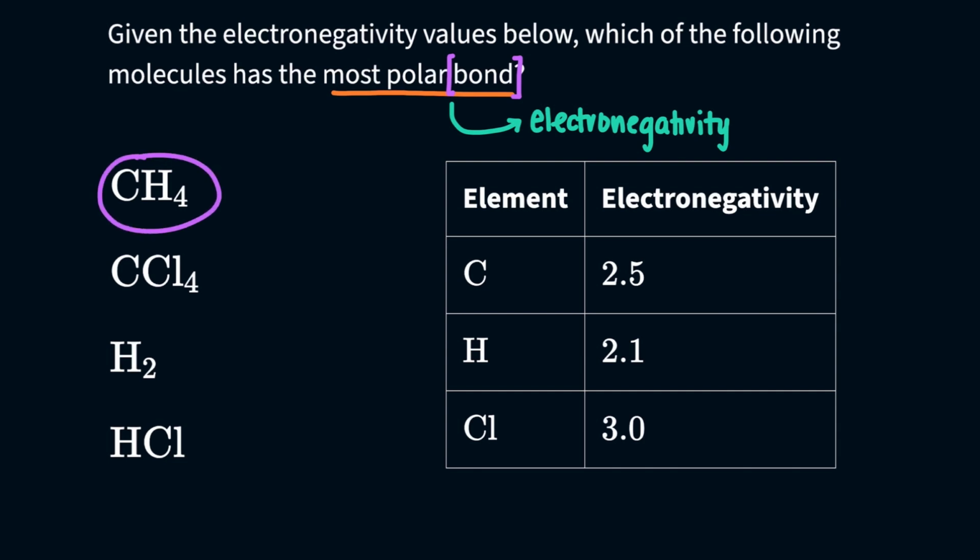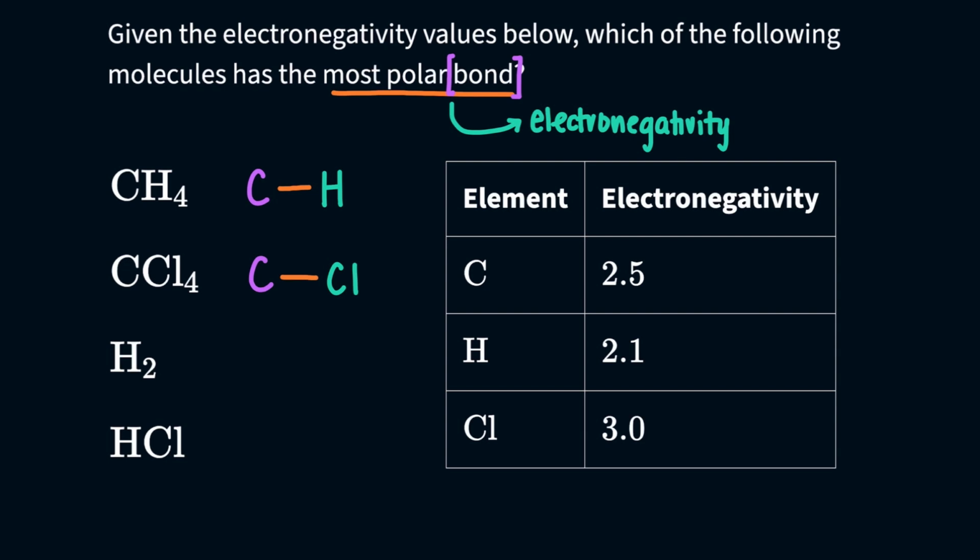Well, in a CH4 molecule, I have one carbon and a bunch of hydrogens. So it makes sense that if I'm trying to bind the carbon with something, it would have to be with at least one of the hydrogens. So that would be a CH bond. The same idea for CCl₄: I have one carbon, it has to be bound to one of these chlorines, so this would be a CCl bond.